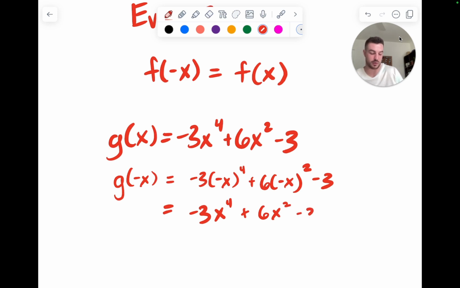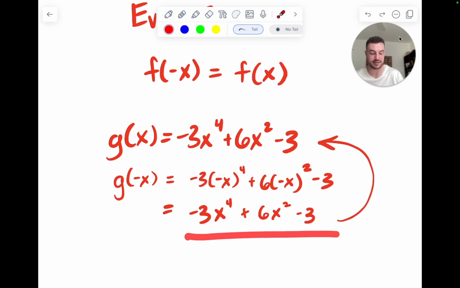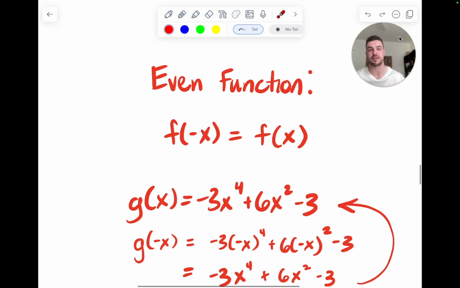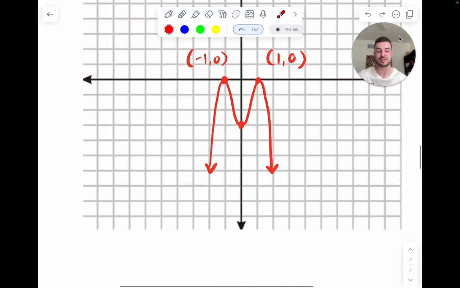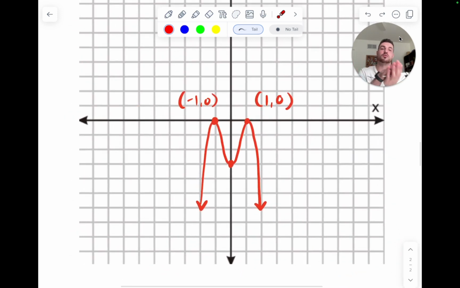And now we didn't do anything with that 3, so it stays the same. So if you notice, these are the exact same values. I plugged in a negative and I got out the exact same function that I started with. And that is because of this definition right here. So this is an even function, which we can see from our graph because it is reflective over our y-axis.